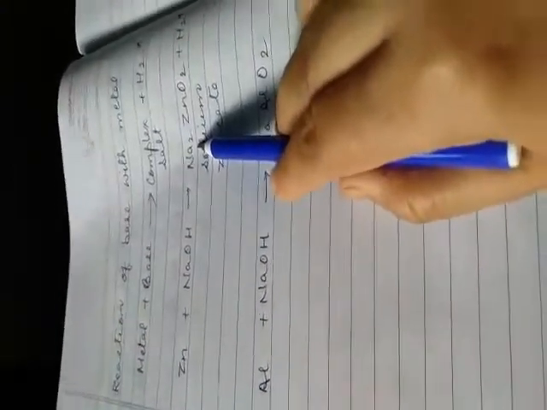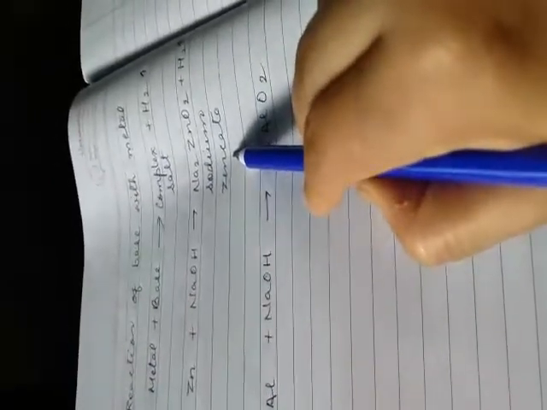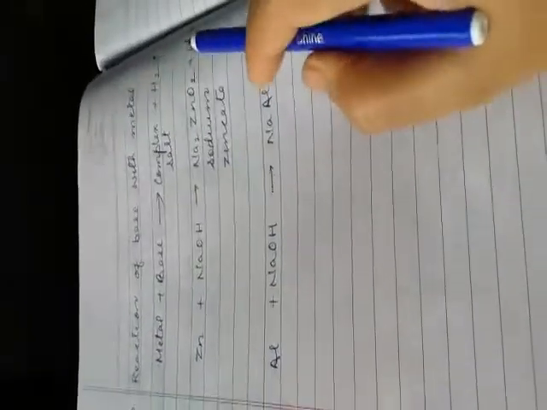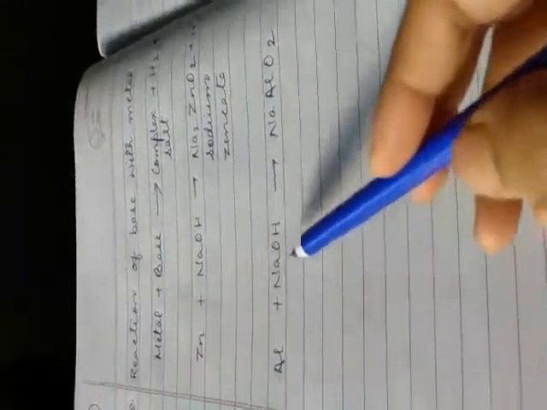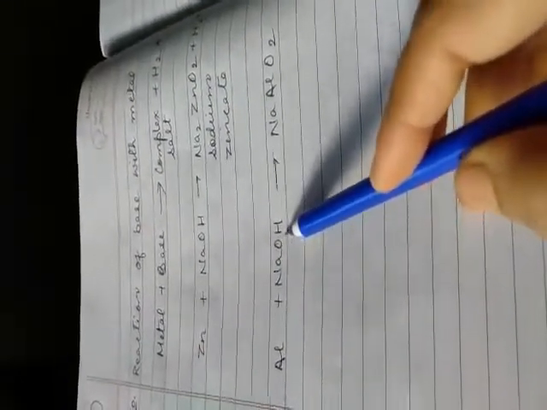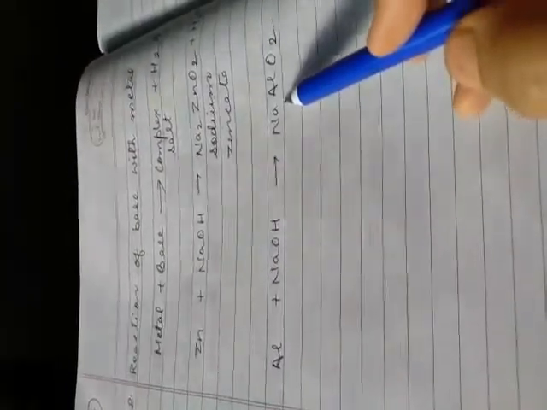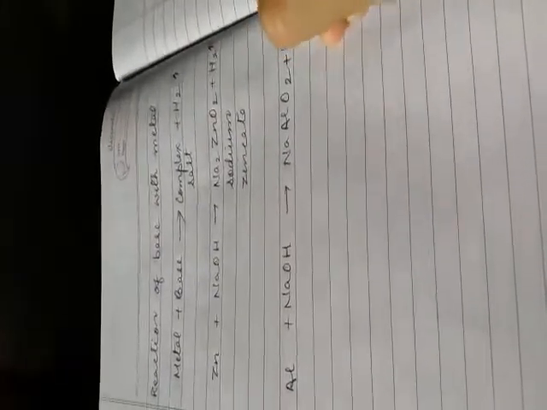Sodium zincate is formed with the liberation of hydrogen gas. And when aluminum is added to sodium hydroxide, a very strong base, an alkali, sodium aluminate is formed with the liberation of hydrogen gas.